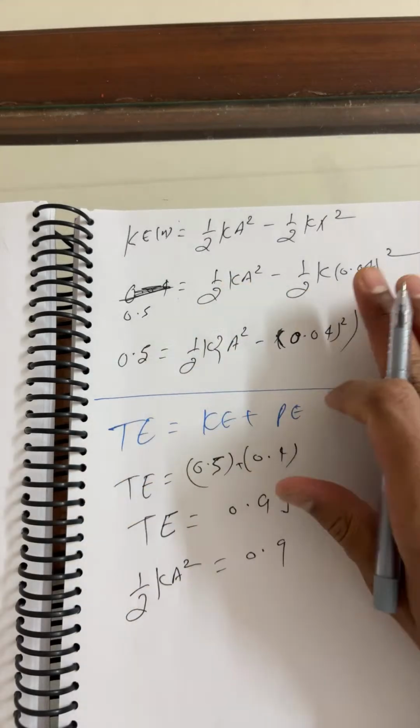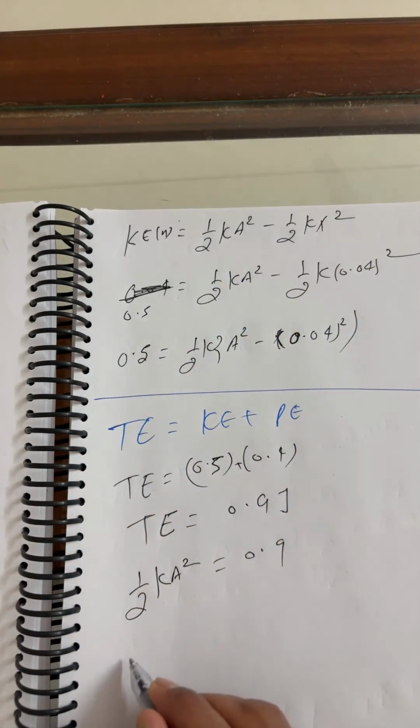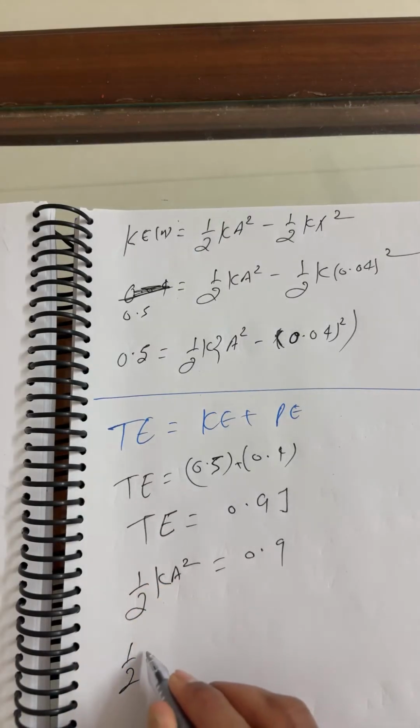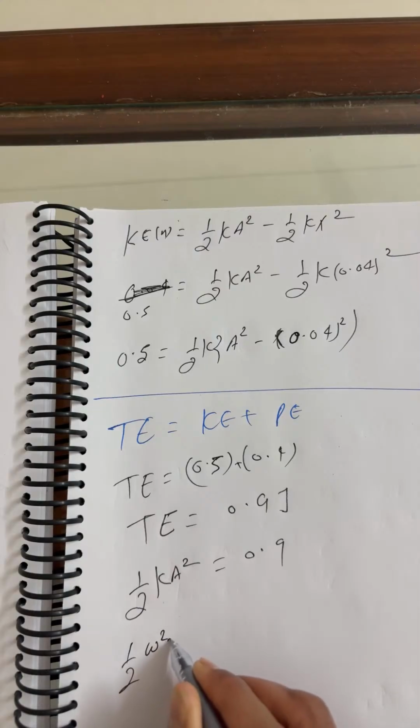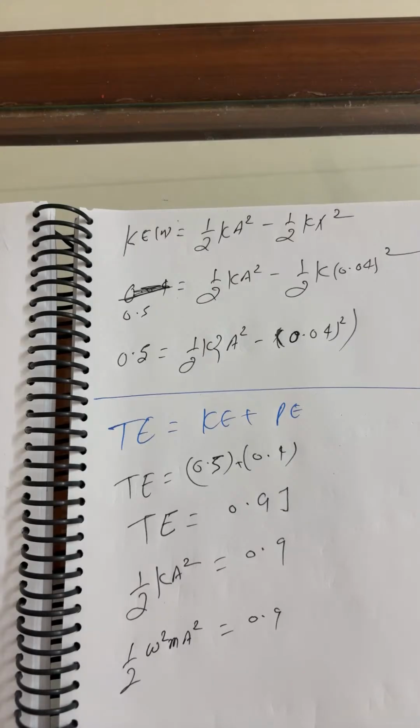In fact, the previous approach was a lengthy calculation, and this is the easiest way to do this question. So half k, which is omega square into m, into a square equals 0.9. Everything is known to us here.